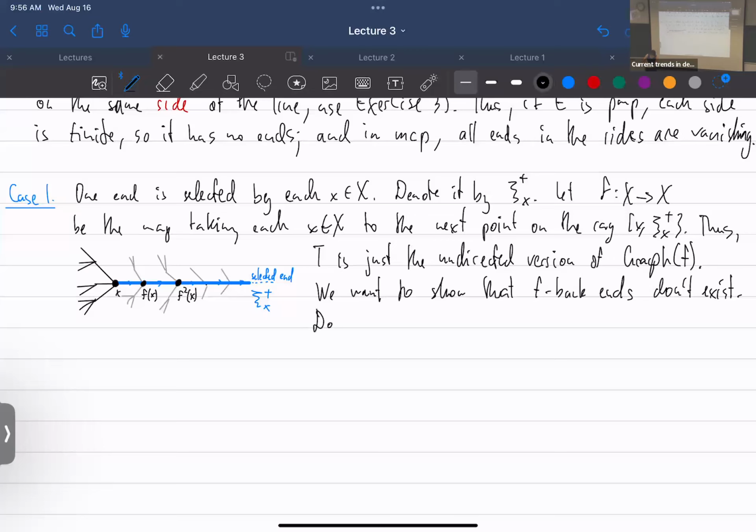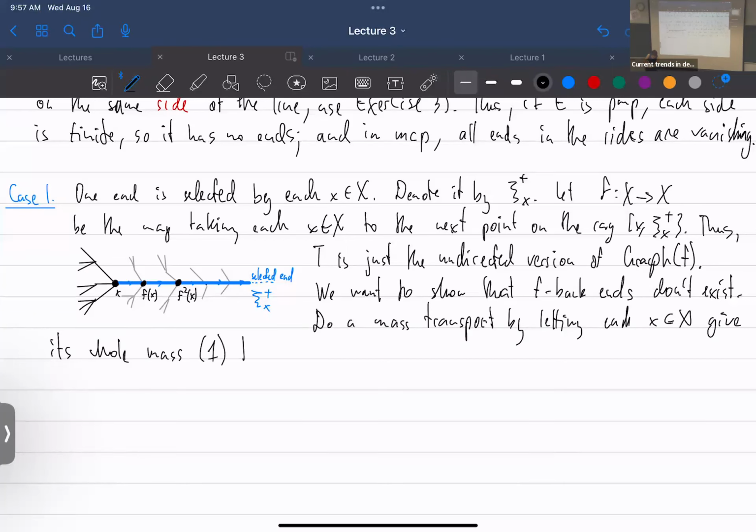Do a mass transport by letting each x in X give its whole mass 1 to each of its preimages.